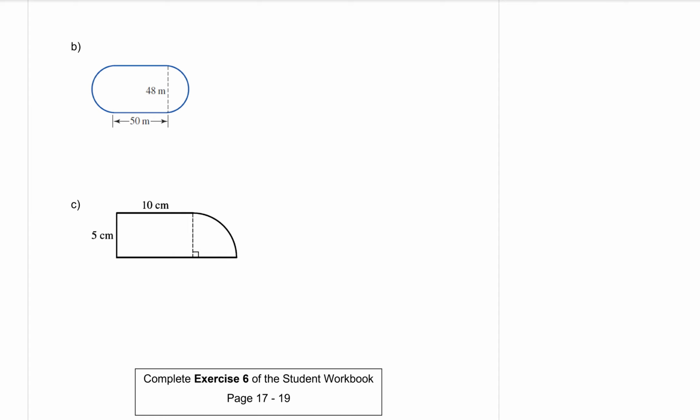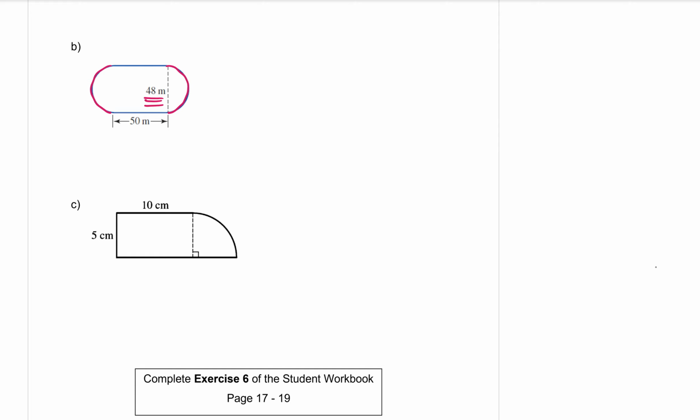What I like to do is always start with the circular parts of the question. Now if I look at B, I have half of a circle on this end and half of a circle on that end. Now there's no need for me to do those two parts separately. All together there I have one whole circle with a diameter of 48.